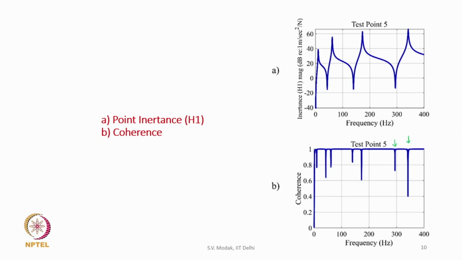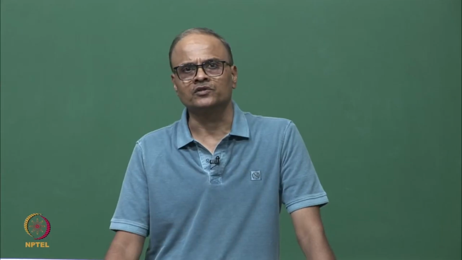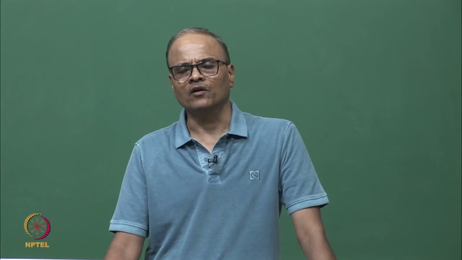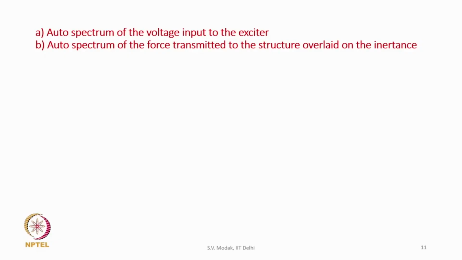To understand this, let us look at the auto spectrum of the force, right. So, we are now going to see the auto spectrum of the voltage input to the exciter, and we are also going to see the auto spectrum of the force transmitted to the structure, overlaid on the FRF of the structure, right. So, these are the plots.